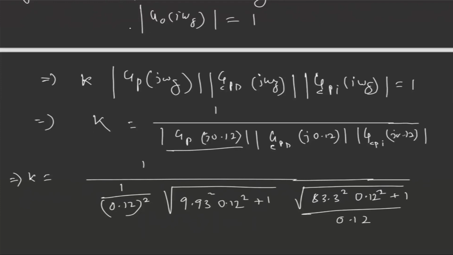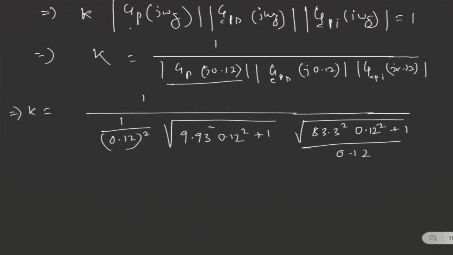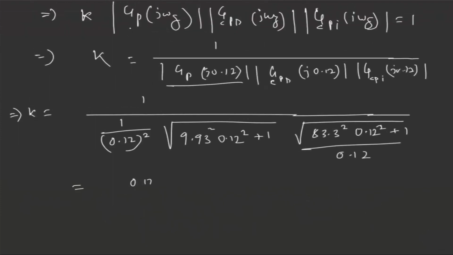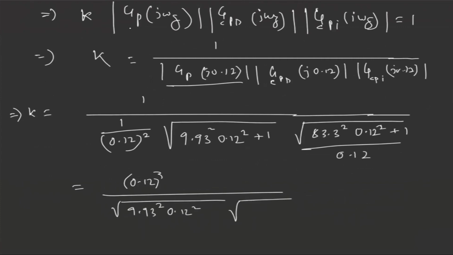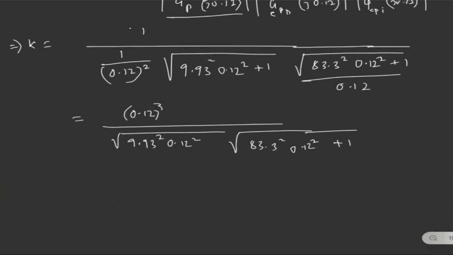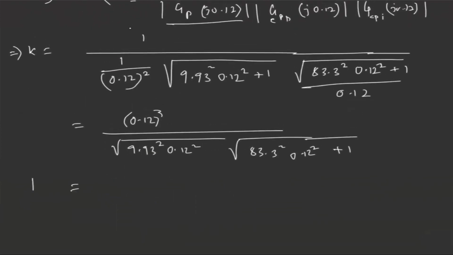And from this we can further solve it. We can write 0.12 cubed divided by 9.93 square 0.12 square plus 1 and 83.3 square 0.12 square plus 1. After solving this expression, K comes out to be 1.105 into 10 to the power minus 4.